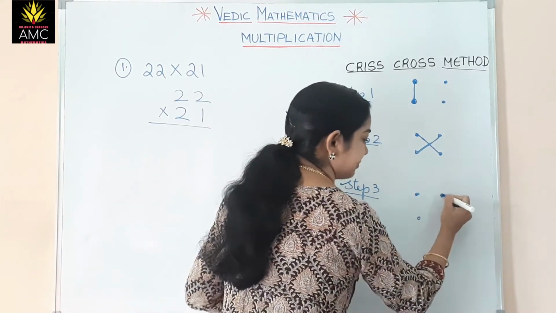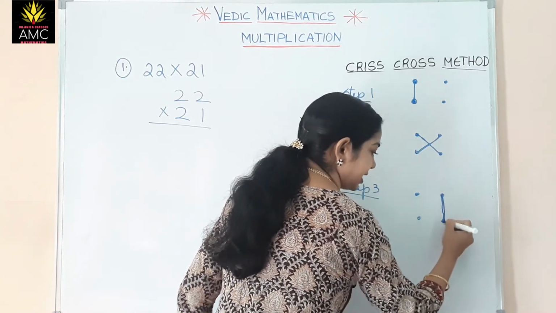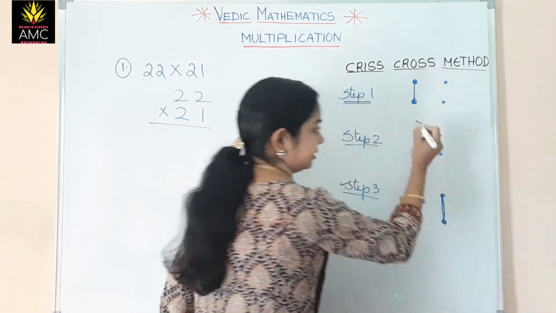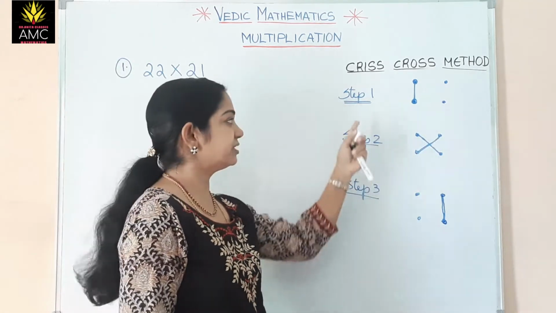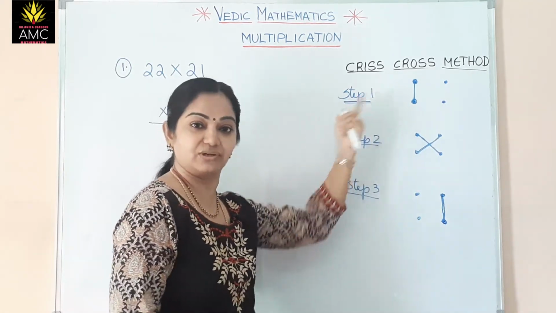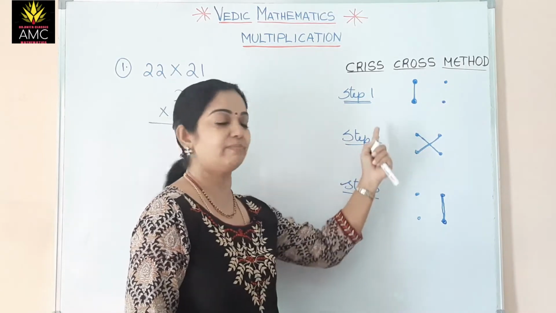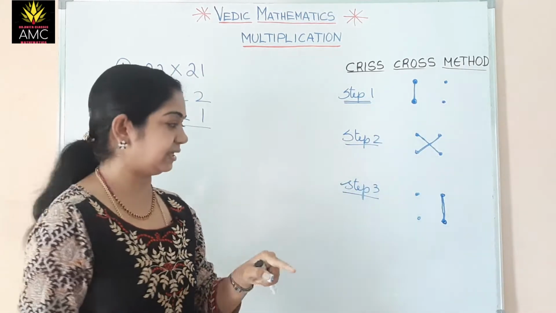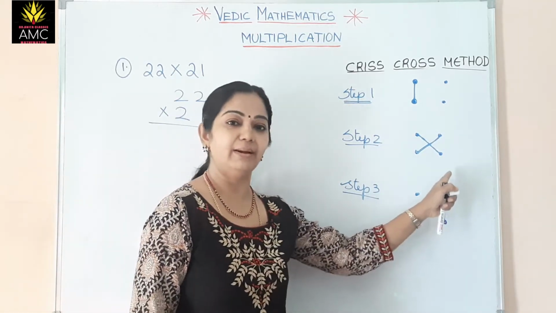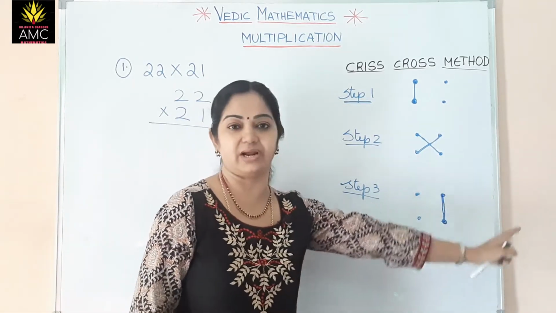Now in the third step, the extreme right side we will multiply. This is the crisscross method. In the first step, we multiply the extreme left. In the second step, we multiply crosswise and add in between. In the third step, we multiply the extreme right side.